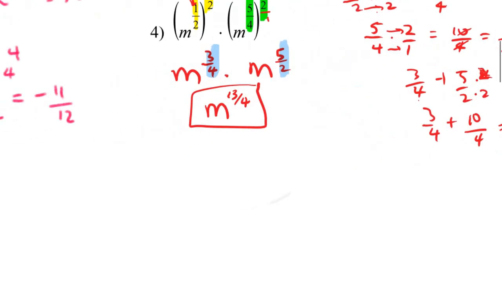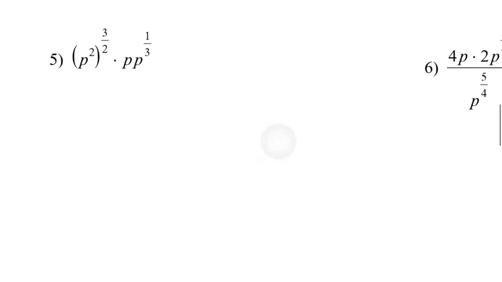Now we're getting to more complicated examples coming up, which is this kind. So it involves power of power, and that involves products. So let's do the power of power first.